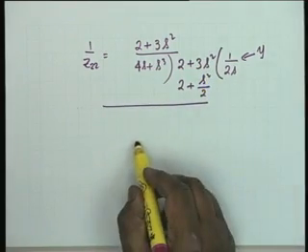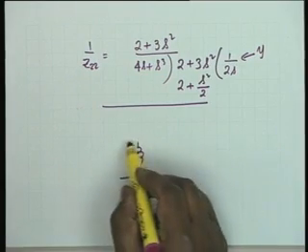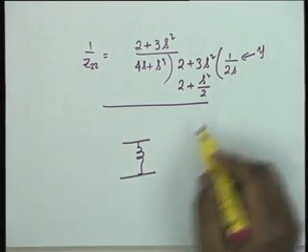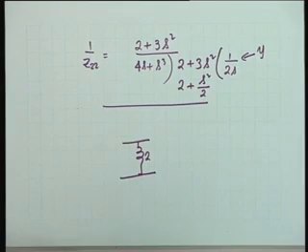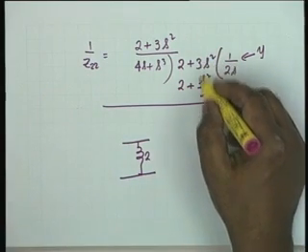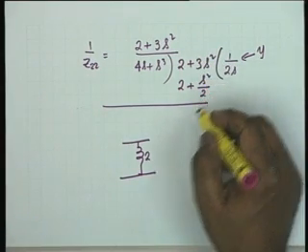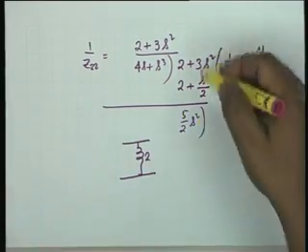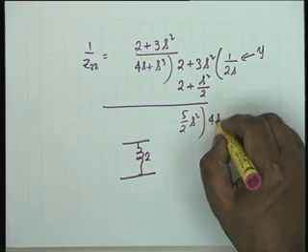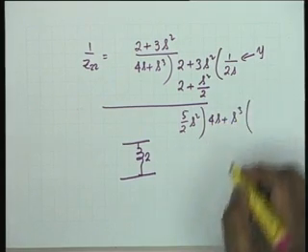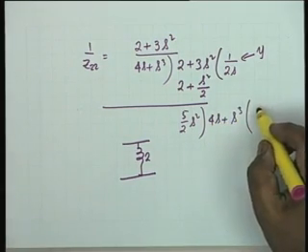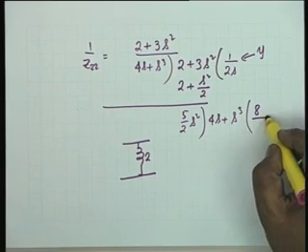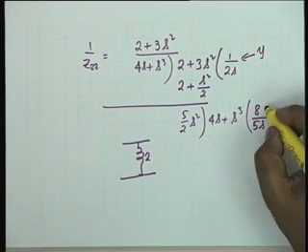This is an admittance, so the first inductor must be 1 by SL, this is 2, agreed? Next, 3 times 2, 6 minus 1, so 5 by 2 S squared, is that correct? 6 minus 1, right. 4S plus S cubed, and I shall have here 8 by 5S, is that correct?